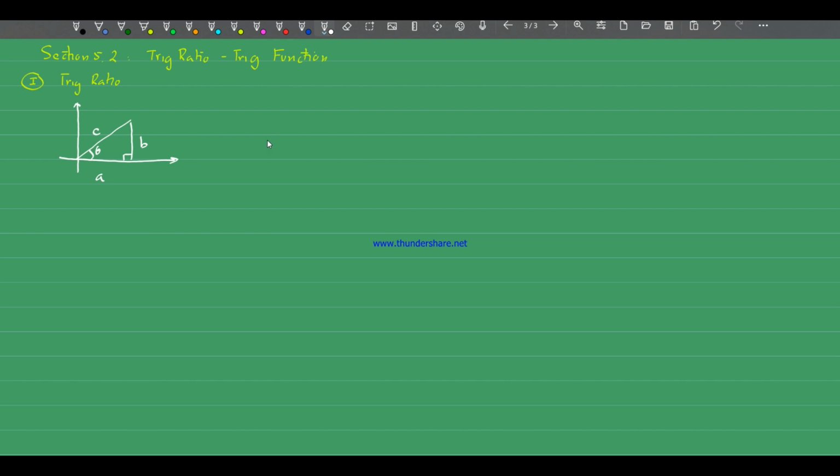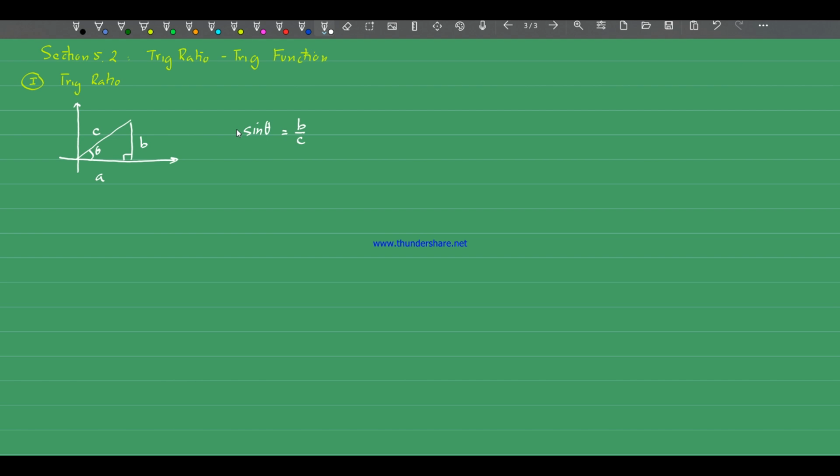Now I'm going to go ahead and set up a ratio, okay? If I set up the ratio between the shorter leg and the hypotenuse, let's say I put B over C, and B over C over here gives you sine of theta. Maybe for some of you, this is the first time you've seen this. So sine is a function.